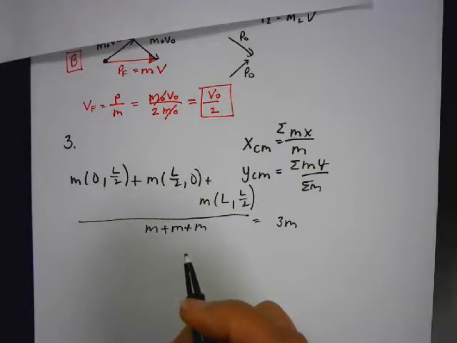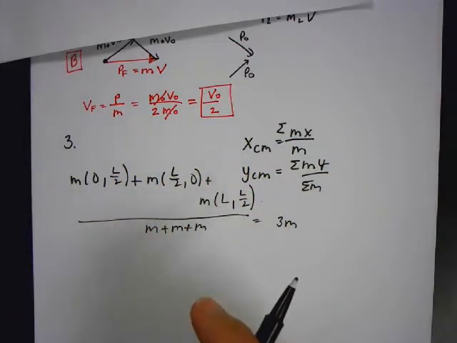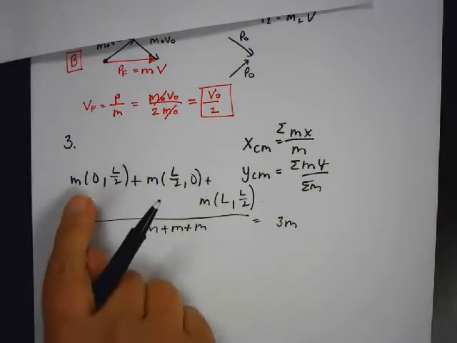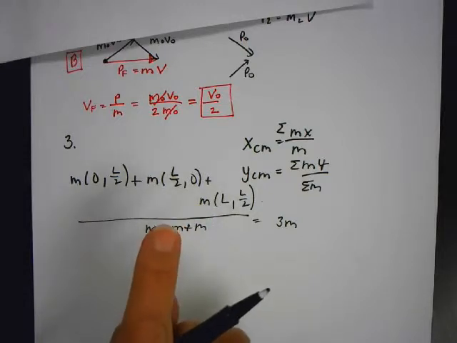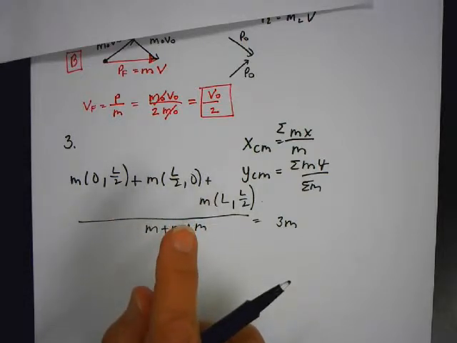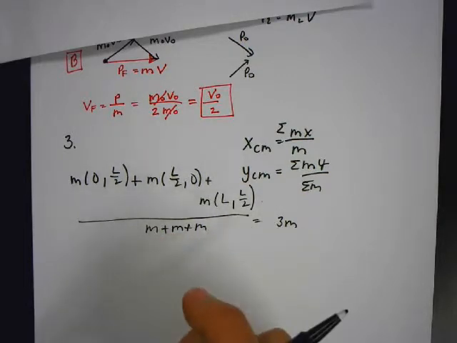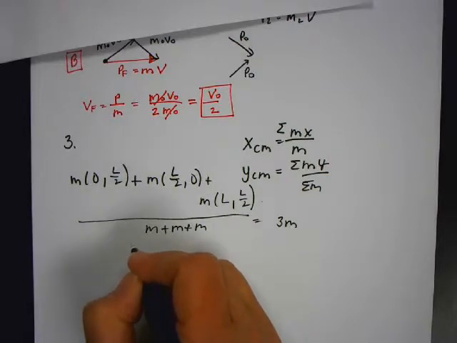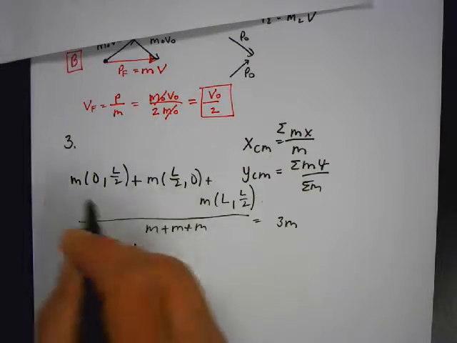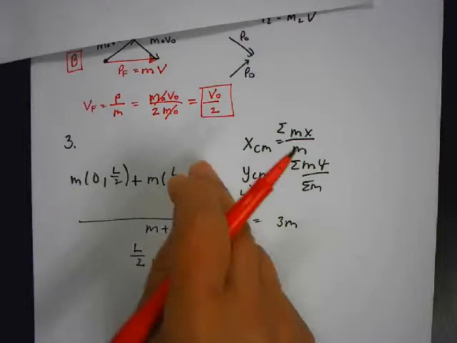So when I simplify all this, if I want to simplify the x and the y, m times all the distances, my final answer, because this is 3m in the denominator, is for the x, it's L over 2, and because the 3 m's in the numerator cancel with the 3 m's in the denominator when I add it all up.